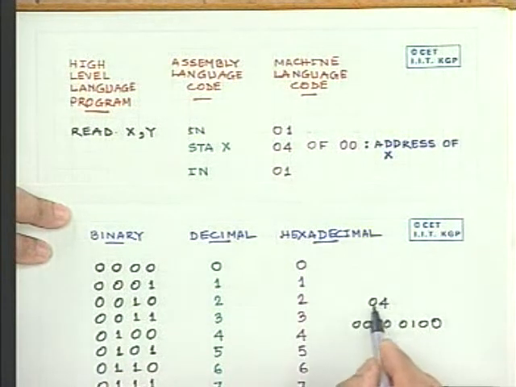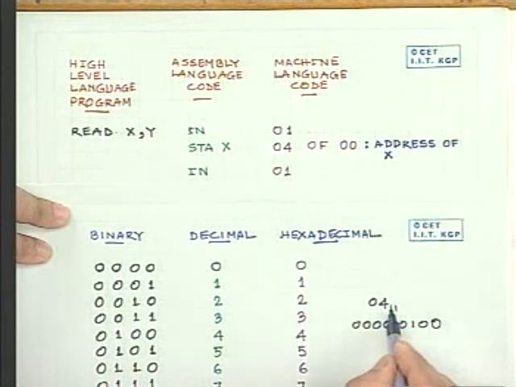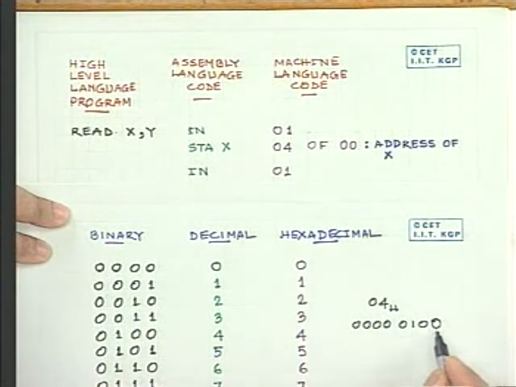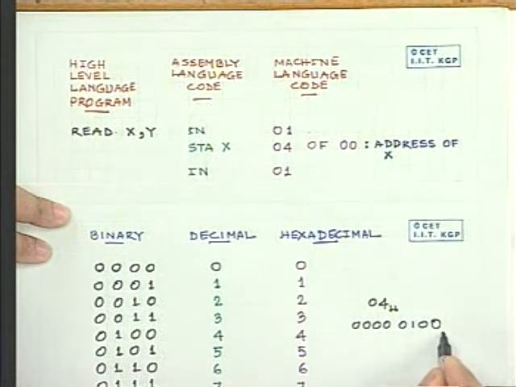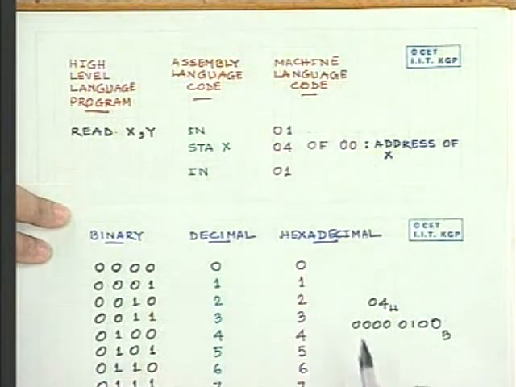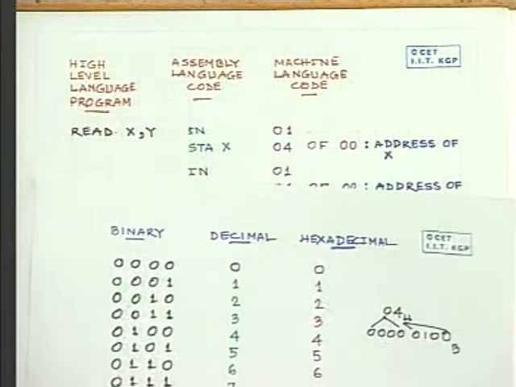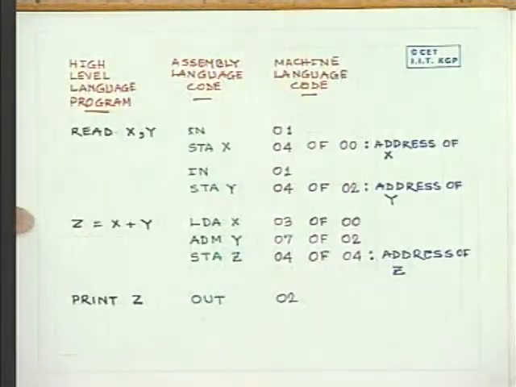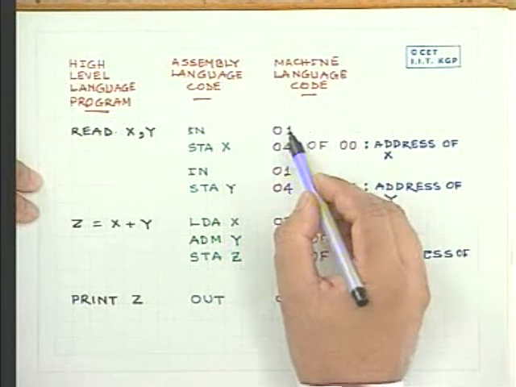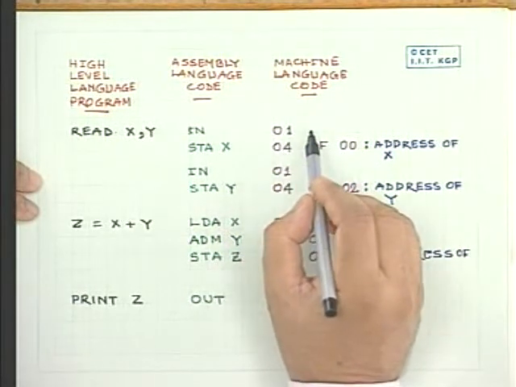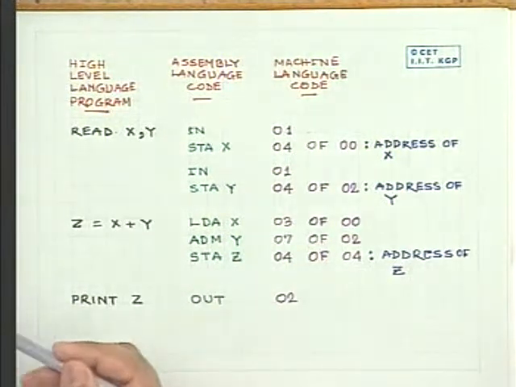Therefore, when I say 04 in hexadecimal, this turns out to be 00000100 in binary, an 8-bit binary. Each hexadecimal character is mapped into a 4-bit binary. That way I have represented the machine language code. Actually it will ultimately be in binary when it is loaded into the memory of the computer.